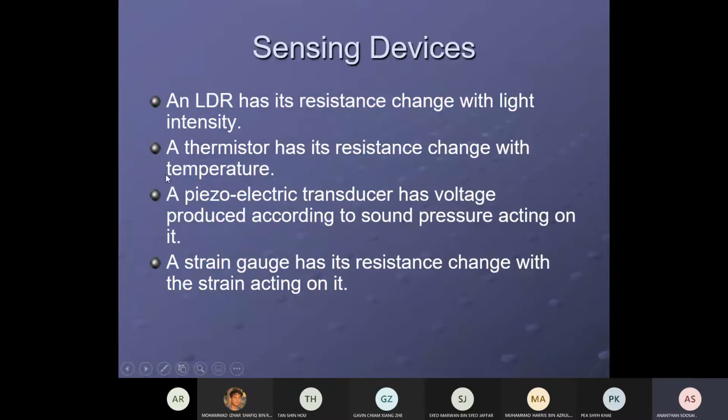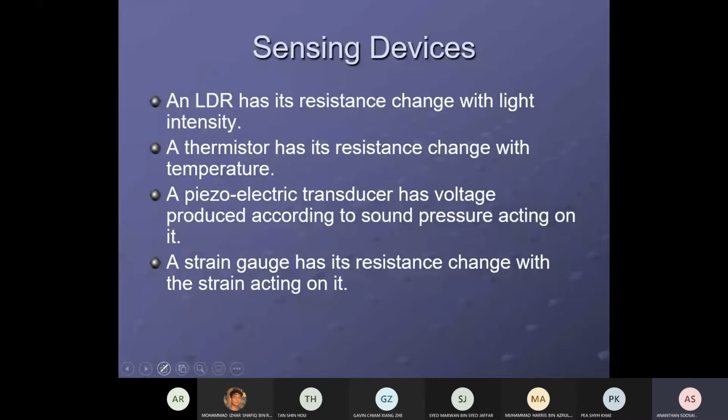There are 4 types of sensing device you have to know: LDR, thermistor, piezoelectric transducer, and the fourth, the strain gauge. The first 2 I introduced to you in AS, but LDR and thermistor are officially in A2 now, not in AS. Okay, LDR can go very fast.